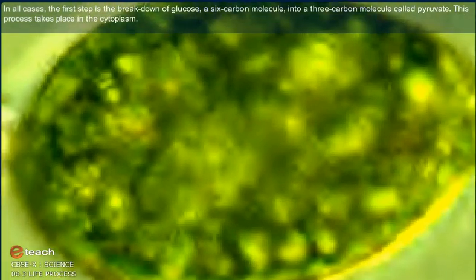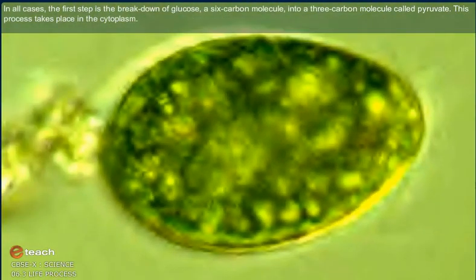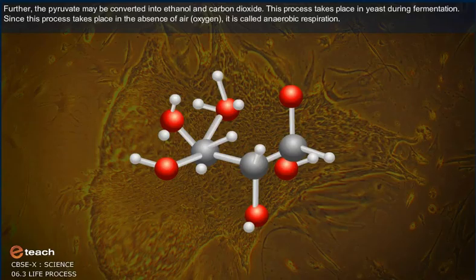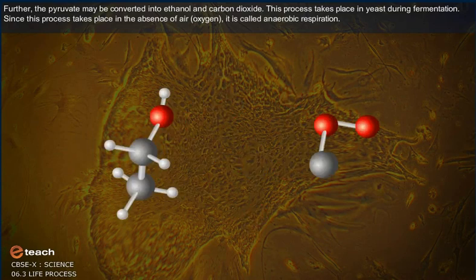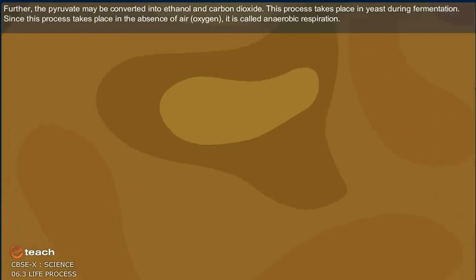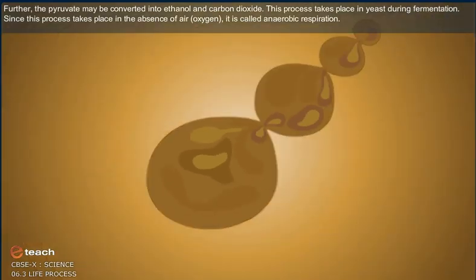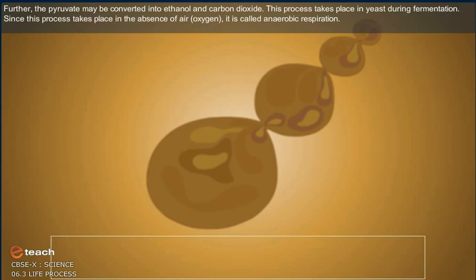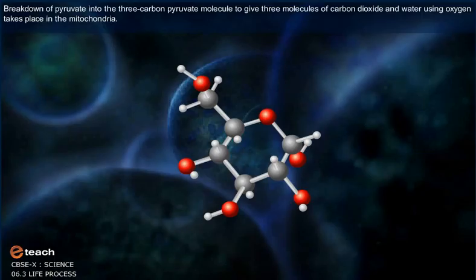This process takes place in the cytoplasm. Further, the pyruvate may be converted into ethanol and carbon dioxide. This process takes place in yeast during fermentation. Since this process takes place in the absence of air, oxygen, it is called anaerobic respiration.